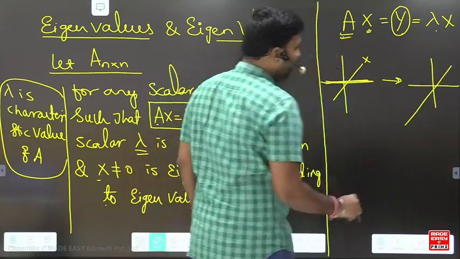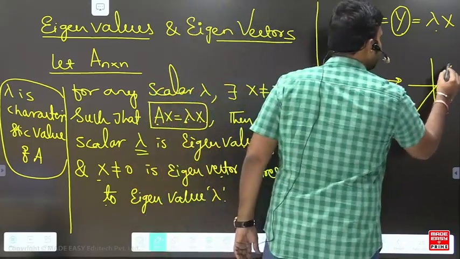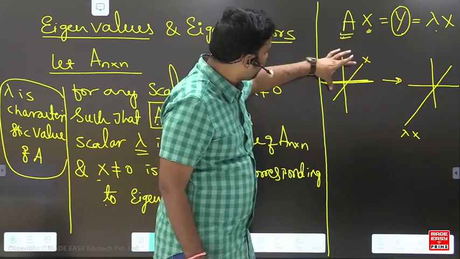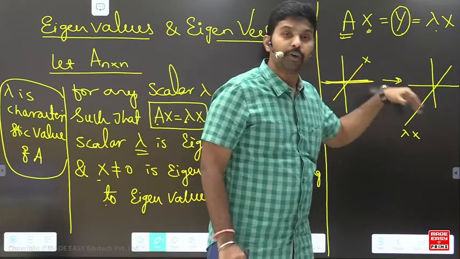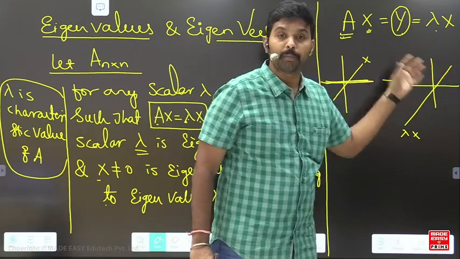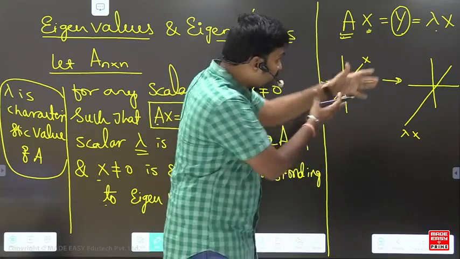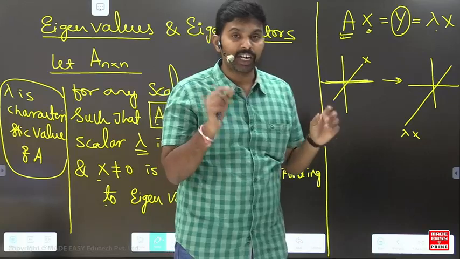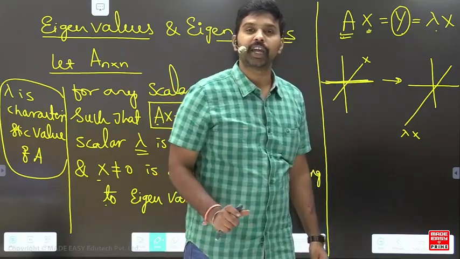It is the same vector but with a different length. So this is nothing but lambda times x. If it is a length 2, then this length will be 4 or 8 or a multiple of 2, right? So the vector can be shrunk or enlarged, or in technical terms it is just scaled.